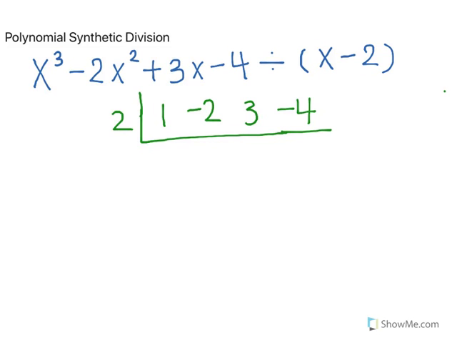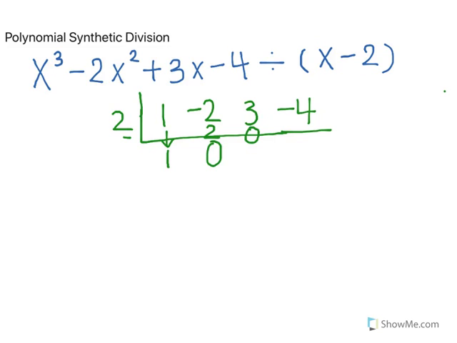So, to solve it, we first bring the number 1 down, multiply 1 by 2, which is 2, and then we bring that 2 under -2. Next, -2 plus 2 equals 0, so we write that under and then multiply 2 times 0, and that's obviously 0, so we put it under the 3.